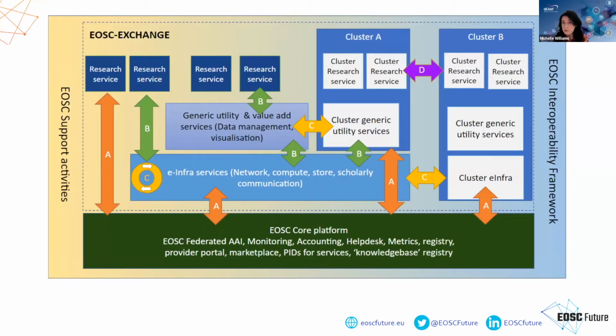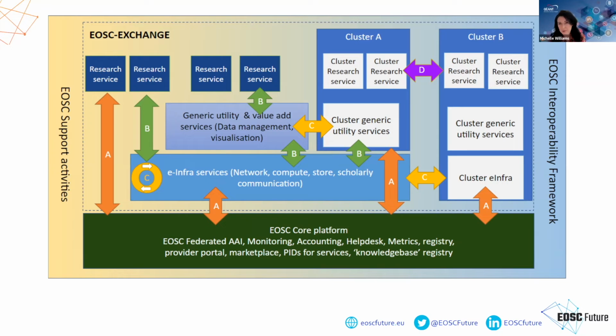And here we demonstrate various types of interoperability in the context of the EOSC. So type A refers to integration of services with the EOSC-Core services. Type B represents interoperability between horizontal and value-added services.